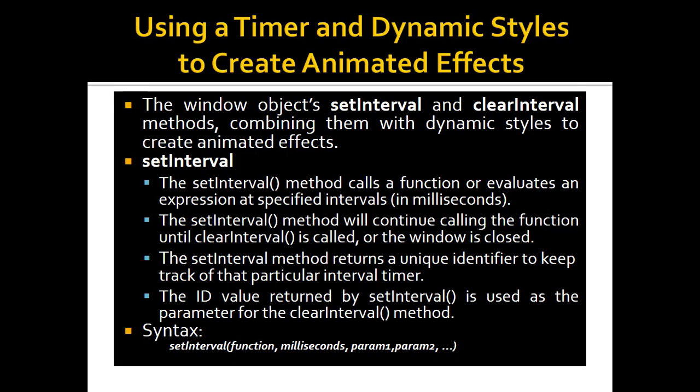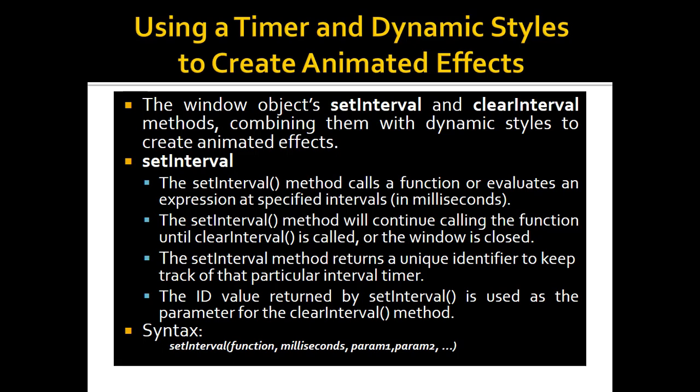Suppose you want to create an animation of a bouncing ball. First we need to draw a ball at a particular coordinate. Then in the next frame, we draw the ball with some offset, maybe in the x-axis, and then some offset in the y-axis. So we draw that ball in some other location.